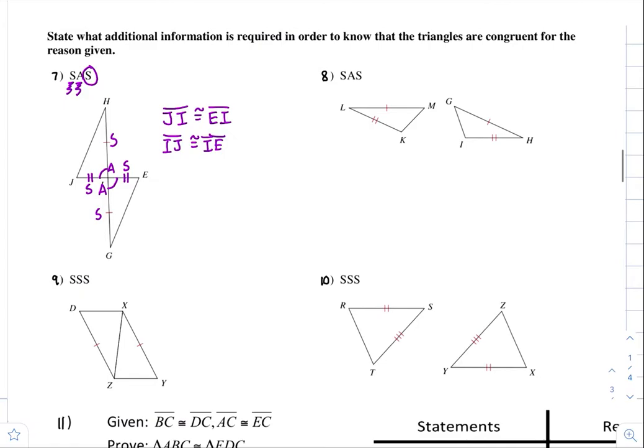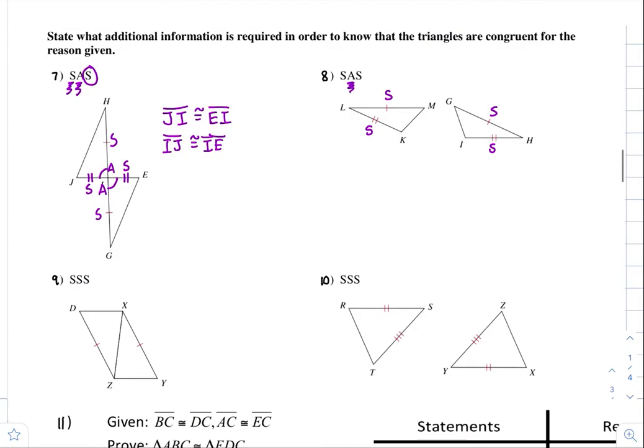So the strategy to these is look at what you have first, and then add the additional information required in order to know that the triangles are congruent for the reason given. So when you look at 8, we know that this side's congruent to this side and this side's congruent to this side. What additional piece do we need in order to prove that the triangles are congruent by side angle side?